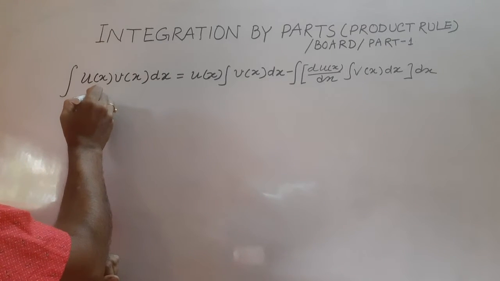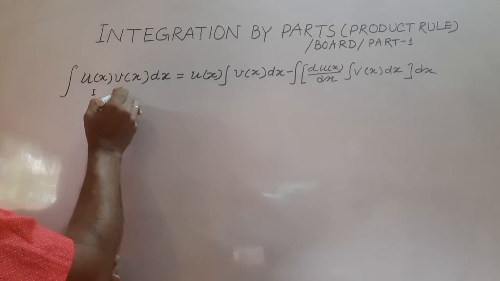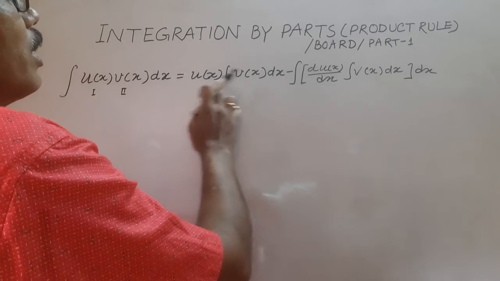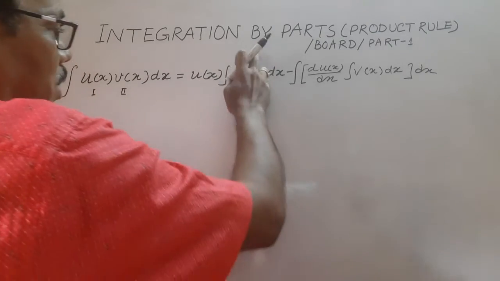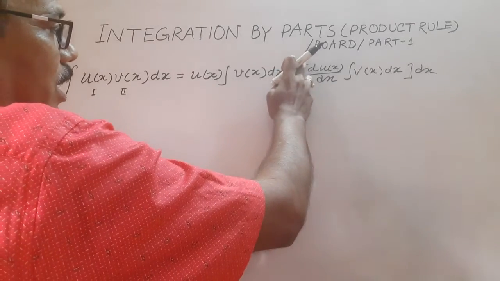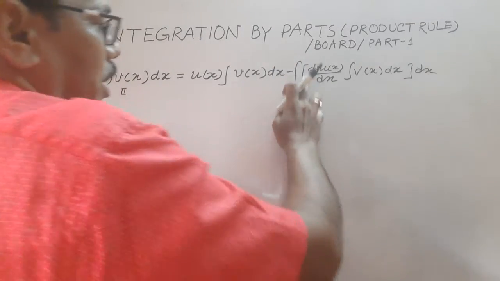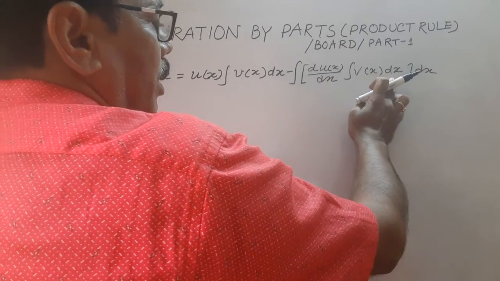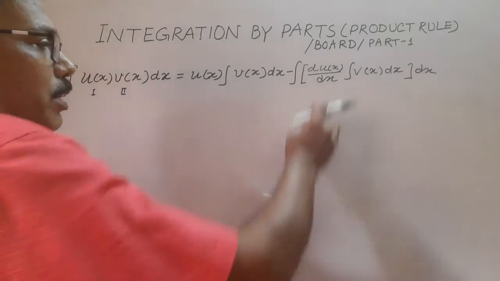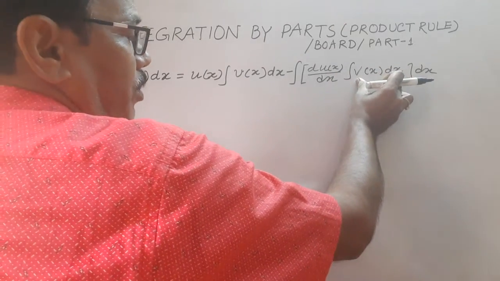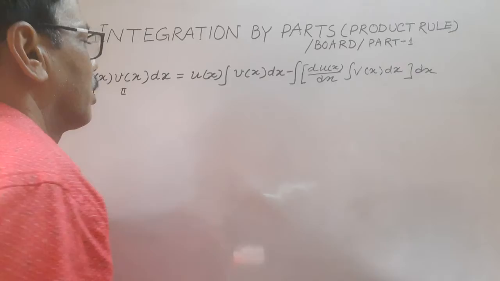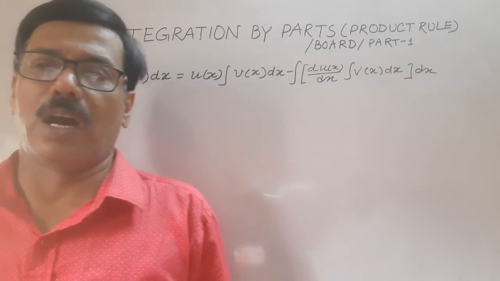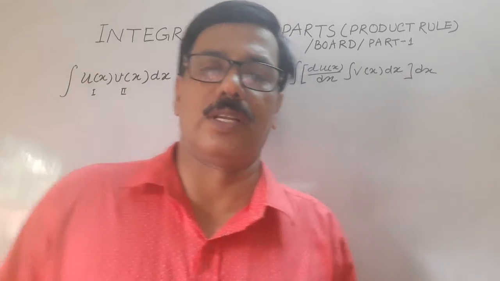This one is the first function, and if we consider this as the second function, then it is: first function unchanged, u(x) unchanged, integration of the second, v(x) dx, minus the integral of the derivative of the first into the integration of the second, total integration. So the condition is that u(x) and v(x) are two differentiable functions.